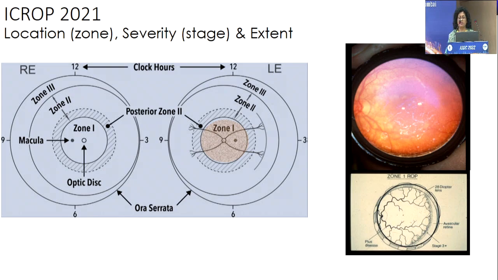The area beyond it, 2 disc diameters, is called posterior zone 2 ROP, especially to take care of babies like sir was showing. The heavier babies and older babies in India are having aggressive ROP in posterior zone 2. And then from the nasal part of zone 1 till the nasal ora serrata is zone 2 ROP, and the temporal crescent which is left is zone 3 ROP.